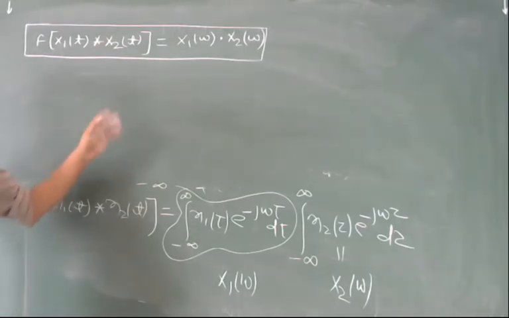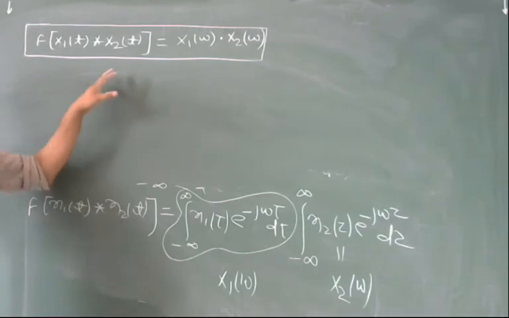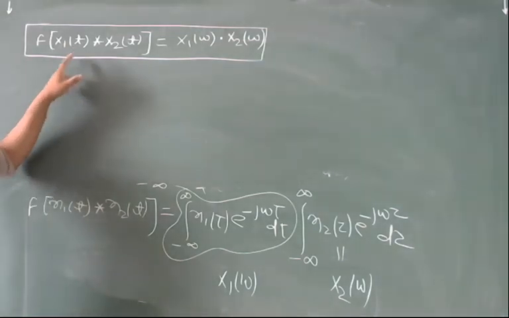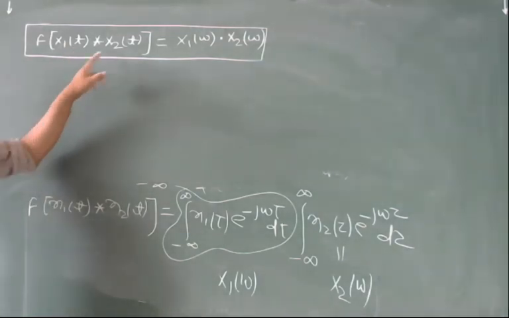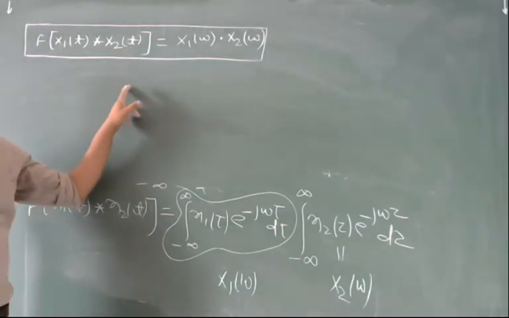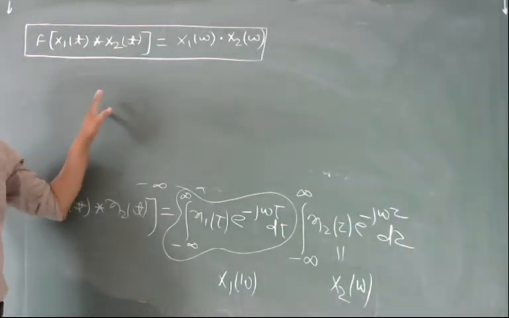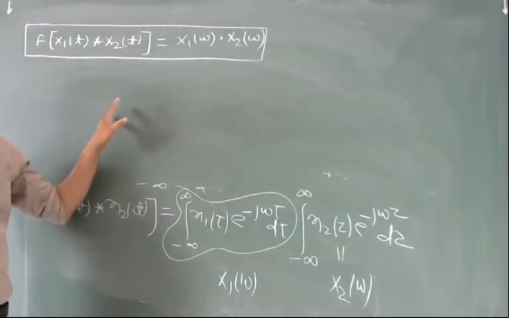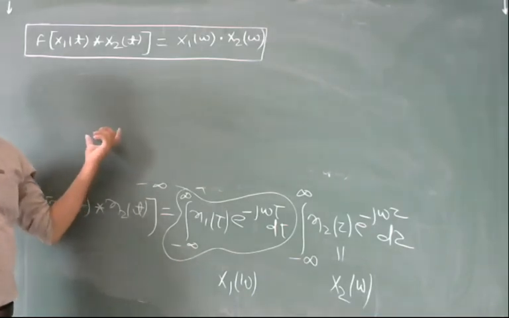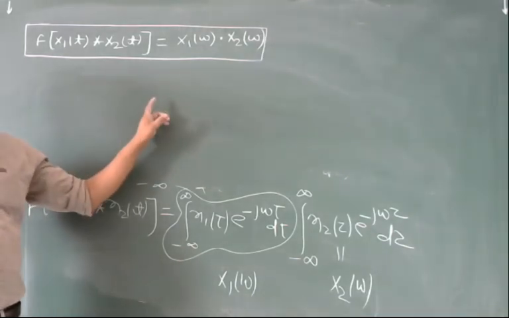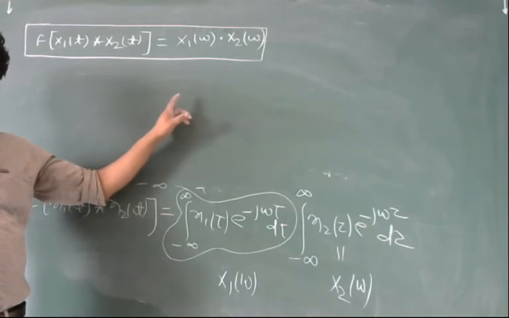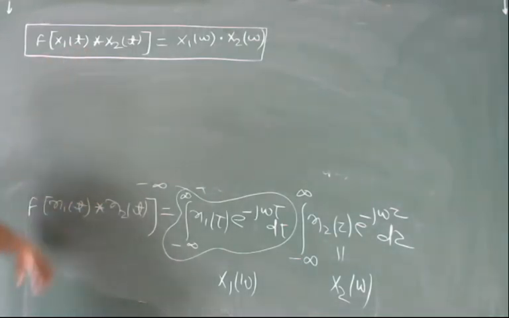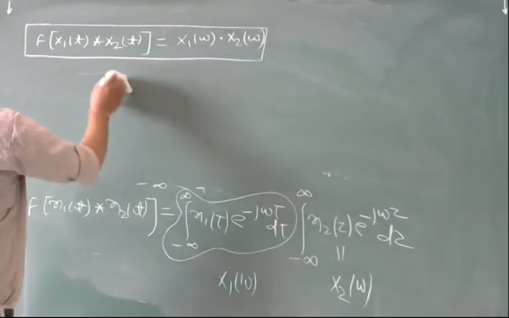To make the solution of such signals easy, we will find the Fourier transform of x1t, then the Fourier transform of the signal x2t, then we will multiply these two Fourier transforms, and we will get the inverse Fourier transform of x1 omega into x2 omega, and we will find the convolution of these two signals. So this property is called convolution property of the Fourier transform.